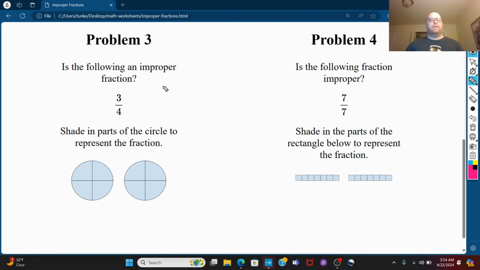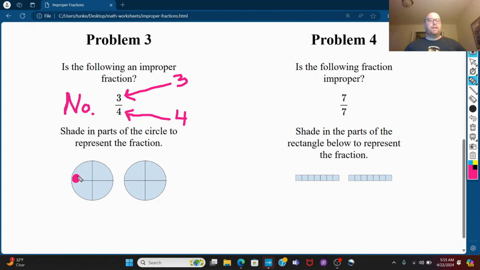Okay, to determine this, we are going to look at the numerator, the top part of the fraction. That is 3. We're also going to look at the denominator, the bottom part of the fraction. That is 4. In this case, the numerator is less than the denominator, so we actually have a proper fraction. So the answer to this one is no. And I think we can illustrate this by shading in the parts of the circle as well.